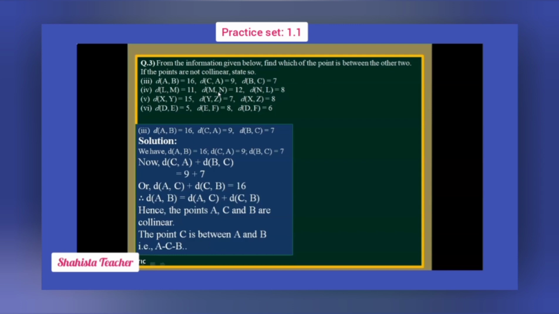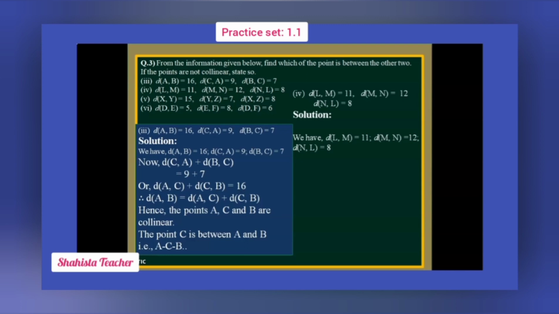That means it is collinear. If it is not equal, that means it is not collinear. So first we will write sub question 4 solution. We have distance of LM is equal to 11, distance of MN is equal to 12 and distance of NL is equal to 8.